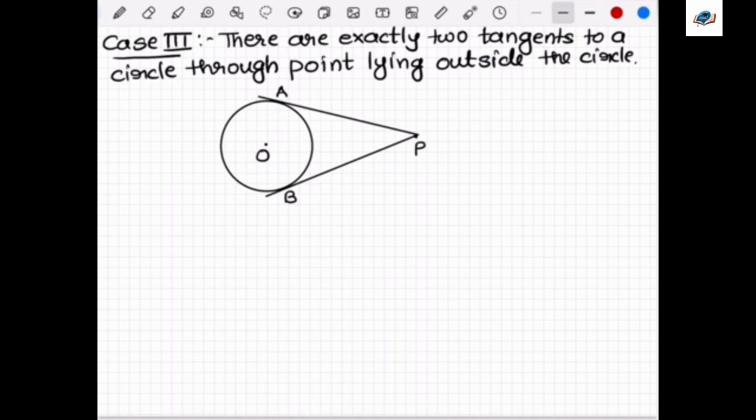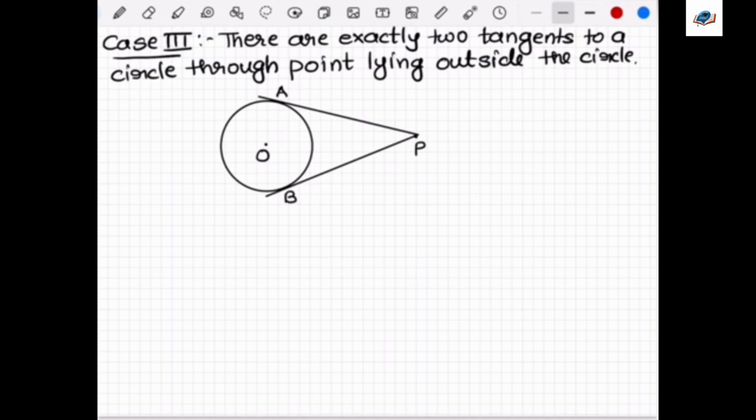So, the figure is shown below. P is an external point of the circle with center O and PA and PB are tangents. I have to prove here that PA equal to PB, that is length of PA equal to length of PB.